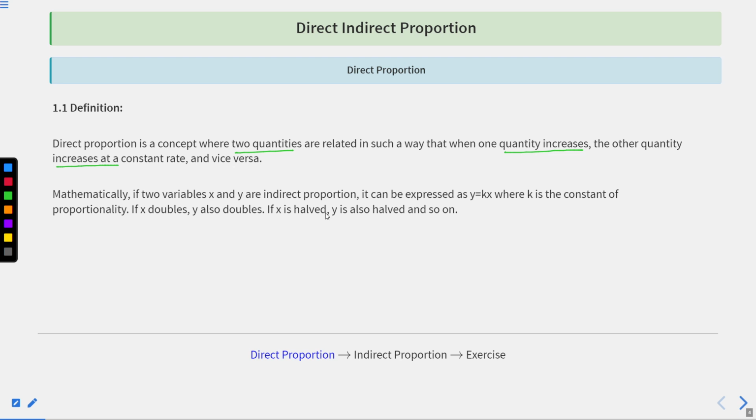Mathematically, if two variables x and y are in direct proportion, it can be expressed as y equal to kx, where k is the constant of proportionality. If x doubles, then y also doubles. If x is halved, then y is also halved, and so on.